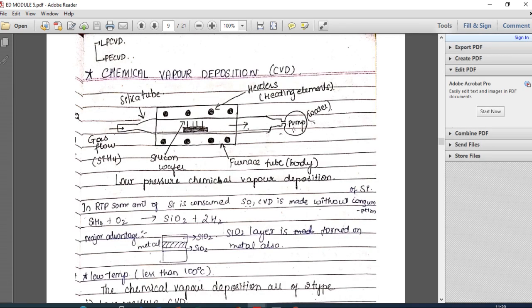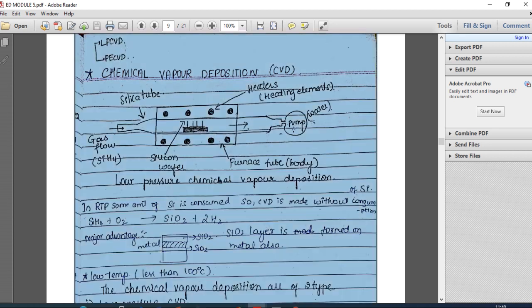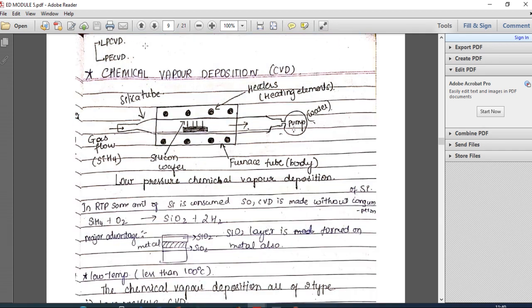Chemical vapor deposition. This is the topic, we call it chemical vapor deposition, in short CVD. There are two processes where we can use chemical vapor deposition: one is low pressure chemical vapor deposition, and another is plasma enhanced chemical vapor deposition.